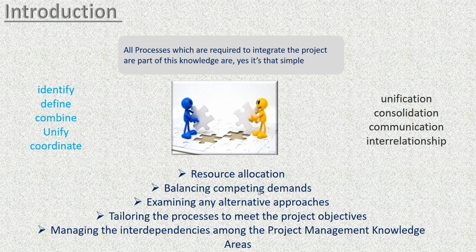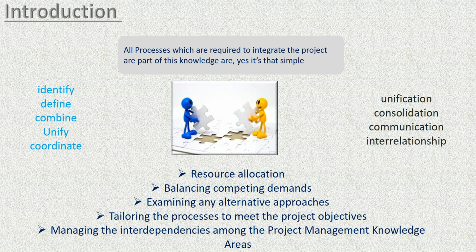Resource allocation, balancing competing demands. Balancing competing demands is the most important part in this chapter. Because there will be multiple teams and multiple stakeholders involved in the project, with various needs and demands.